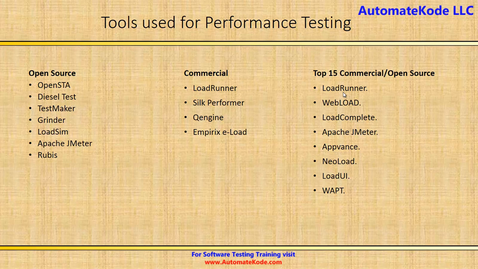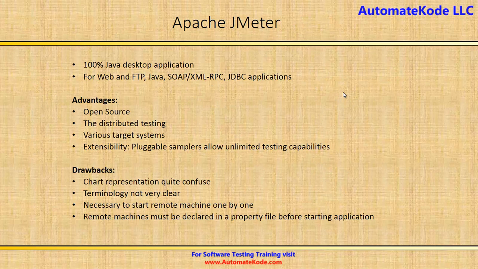Right. So I'm just giving an overview of performance testing tools in this slide, and then if you come to JMeter, some features of the open source tool JMeter. It is a 100% Java desktop application for web, FTP, Java, SOAP, XML, and JDBC applications.